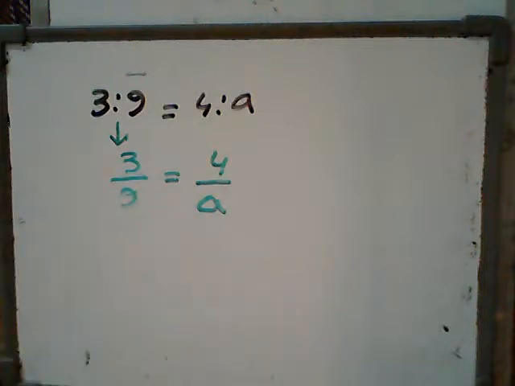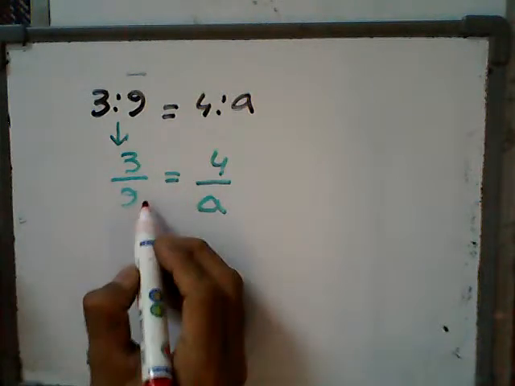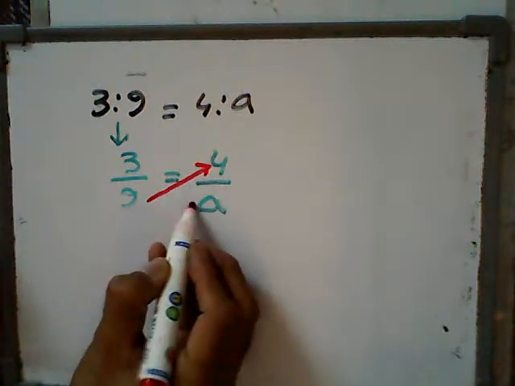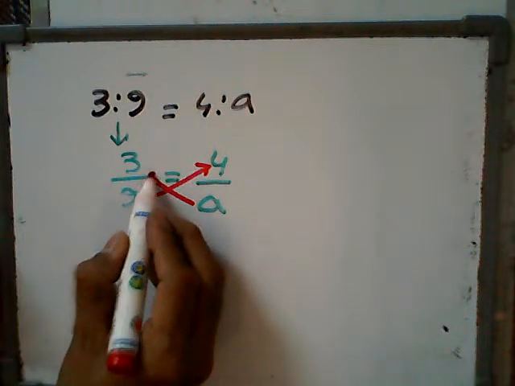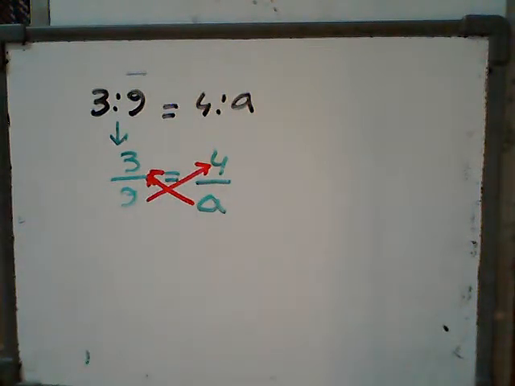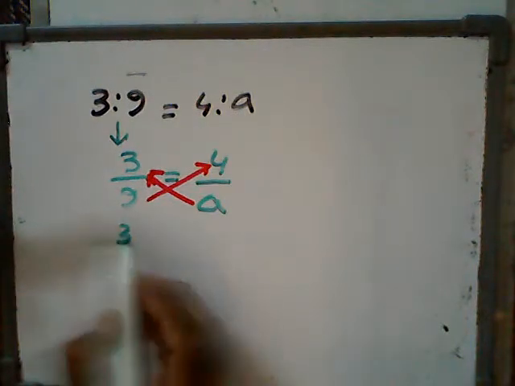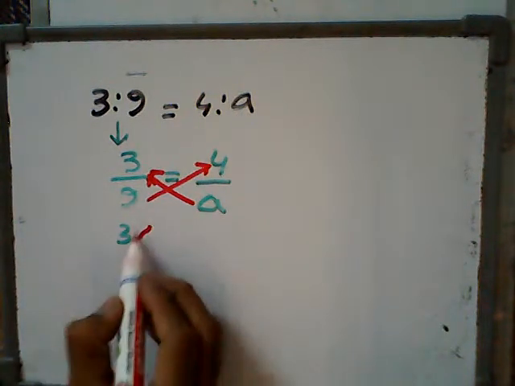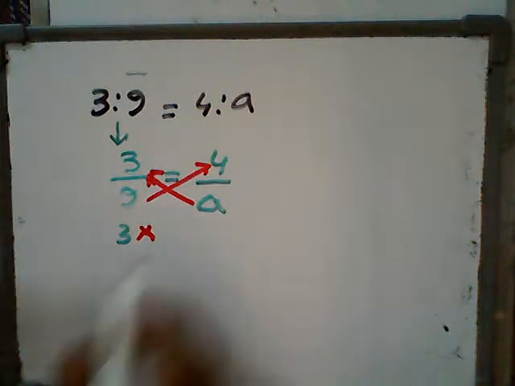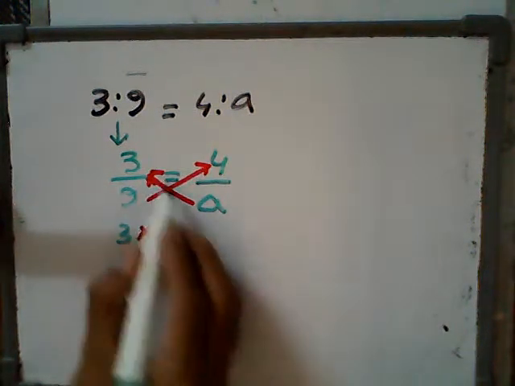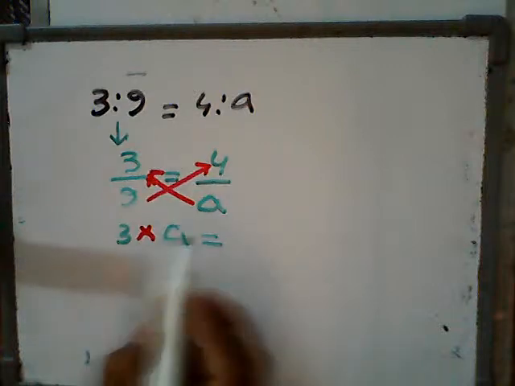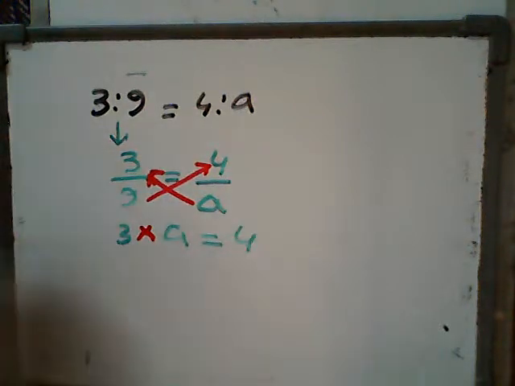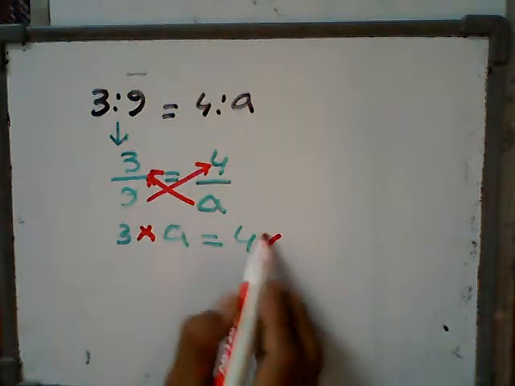These are in the form of fractions now, and we can do cross multiplication. In this cross multiplication, we can see that there is 3 multiplied by a is equal to 4 multiplied by 9.